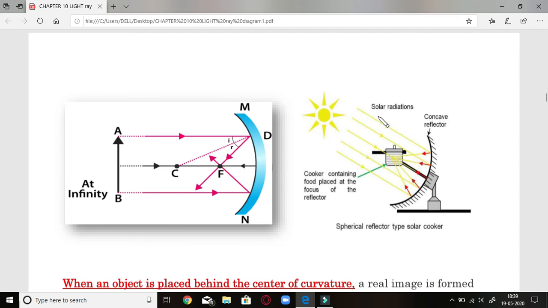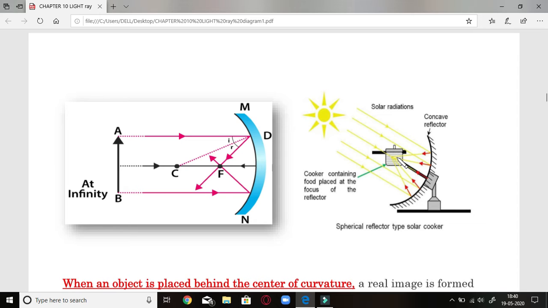Now these parallel rays strike the concave mirror at all points and will be converged at one point, that is the focus. You can see that at the focus we have kept a cooker containing food so as to warm it up, because all the rays coming from the sun are collected together at that point and their energy becomes more.